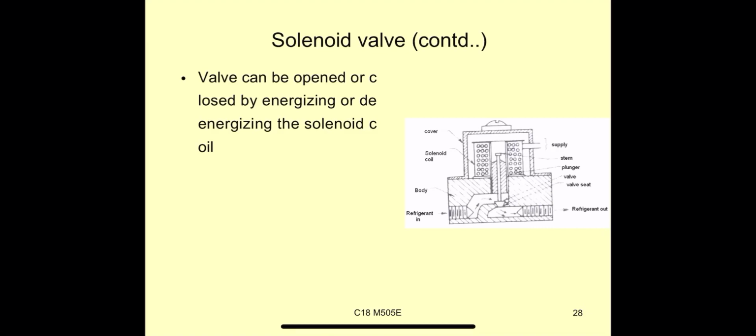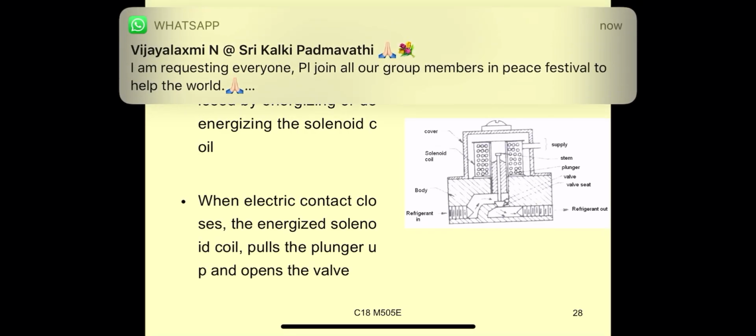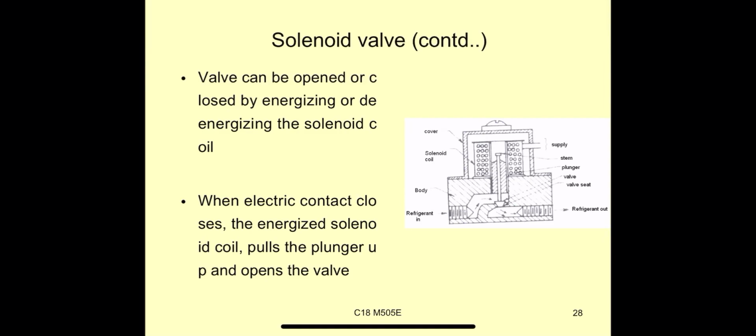The valve can be opened or closed by energizing or de-energizing the solenoid coil. When the electric contact closes, the energized solenoid coil pulls the plunger up and opens the valve.